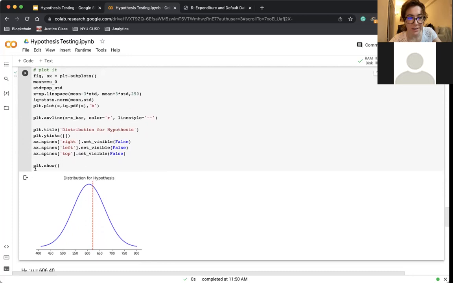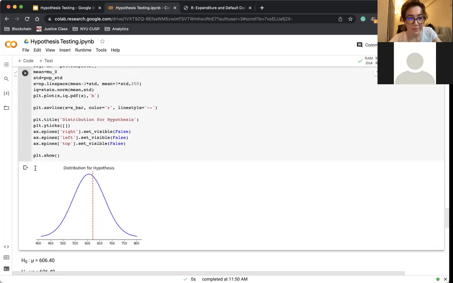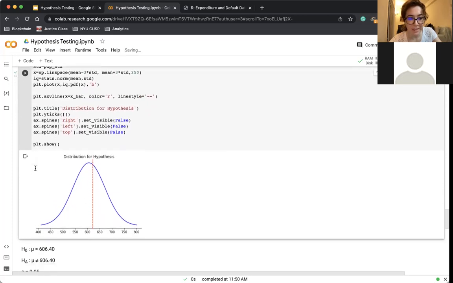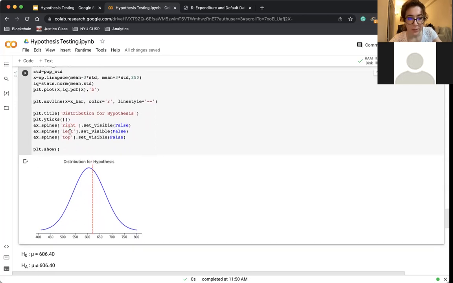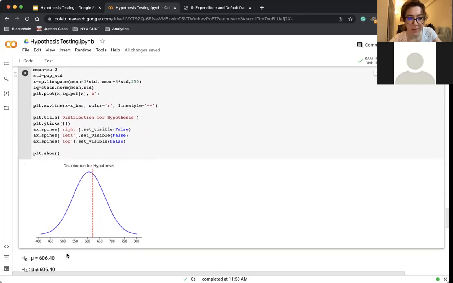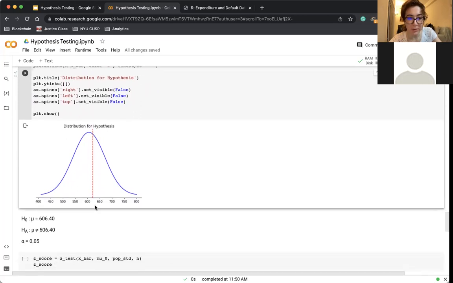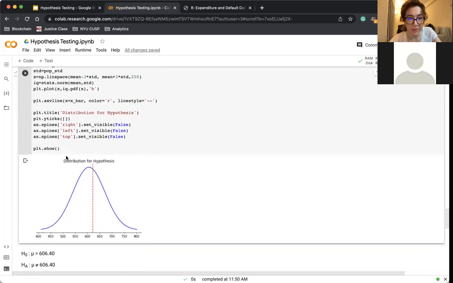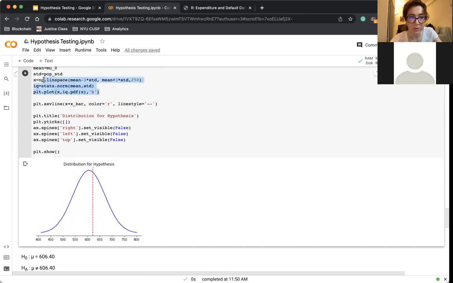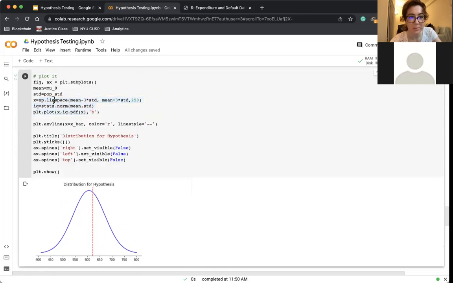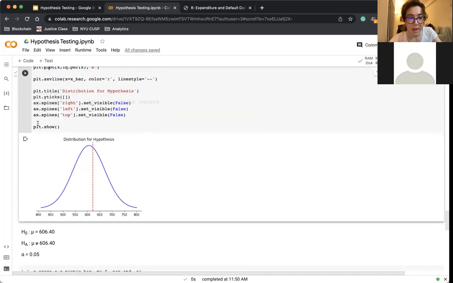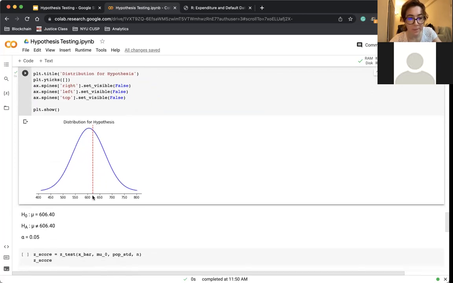So this is testing if the mean is different than this value. We have this mean value of 606.4, which is still just drawing the normal distribution based off of these input parameters of the mean and the standard deviation of the population. And we see this value being 606.4.